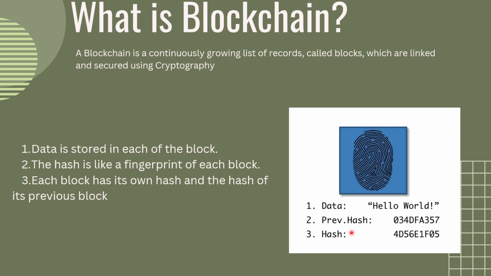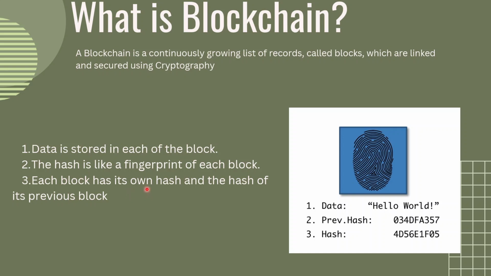Hence, it completes a chain of blocks, because each block has the hash of the previous block, and this is how the chain works. So here we can see that data is stored in each block, and the hash is like a fingerprint of each block, as I said earlier, and each block has its own hash and the hash of its previous block.